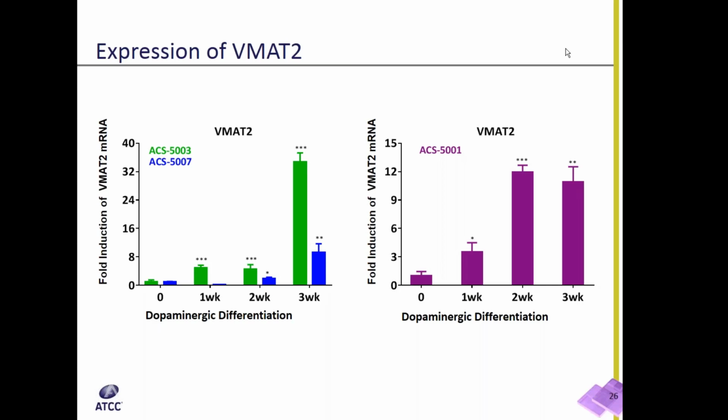Related genes like VMAT and DAT with opposite functions also increased significantly. For example, here in the left panel, VMAT2, or vesicular monoamine transporter 2, that's the membrane protein that pumps dopamine and other transmitters from cytosol to synaptic vesicles, increased over the course of 3 weeks.